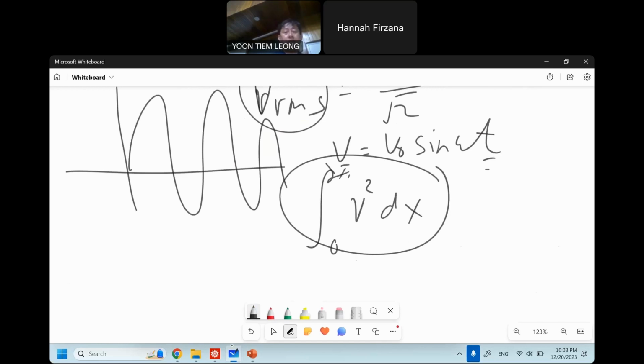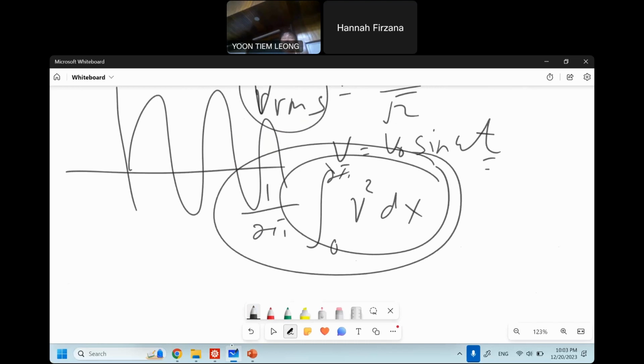That divided by 2 pi gives you the average value of your sinusoidal function squared within the period of 2 pi. That gives you the average of v squared. When you take the square root of the average of the square, we get this called root mean square v.